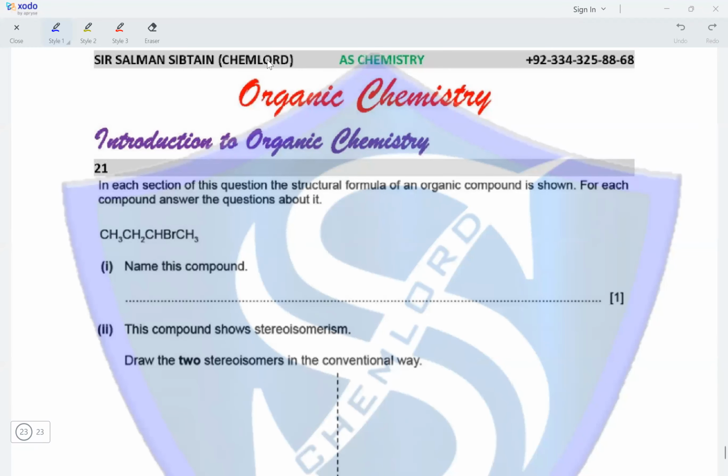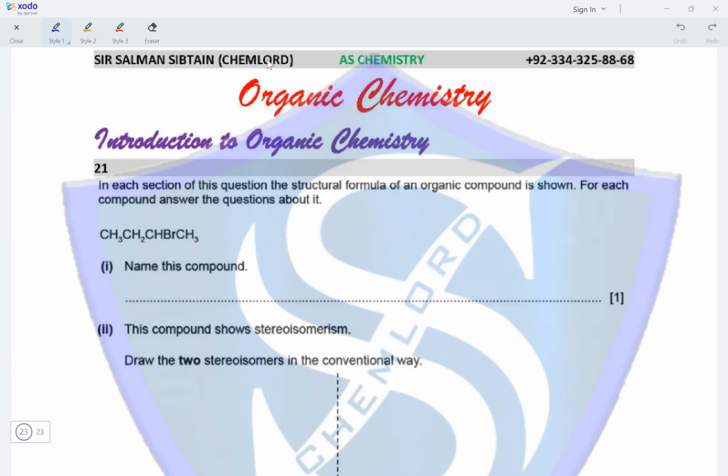Question 21. In each section of this question, the structural formula of an organic compound is shown. For each compound, answer the question about it. So we've got CH3, CH2, CHBr, and CH3. So this is bromobutane, or rather 2-bromobutane. Since it does not have any double bond present, this is not capable of showing cis trans isomerism.